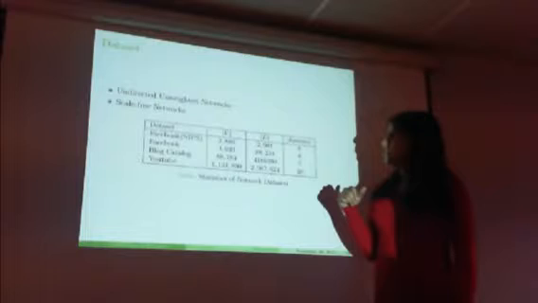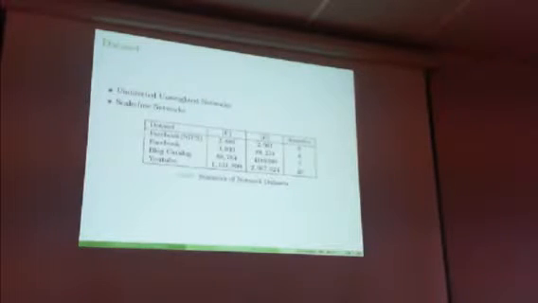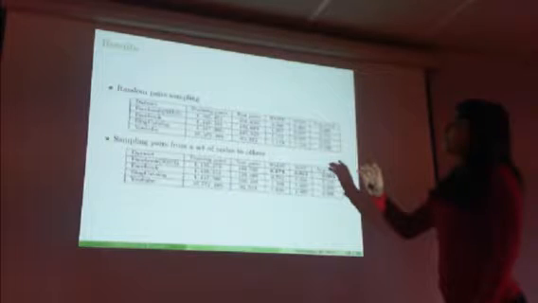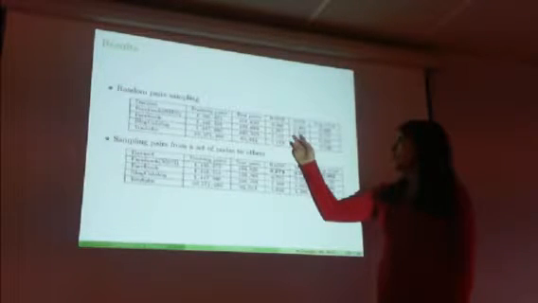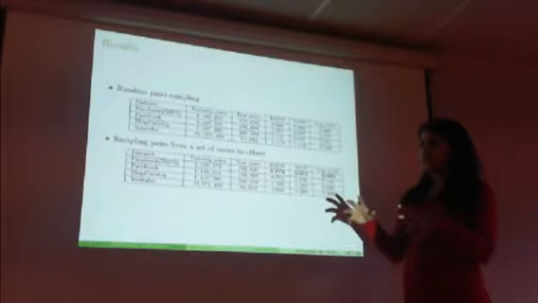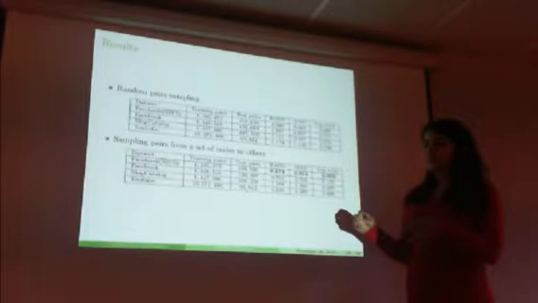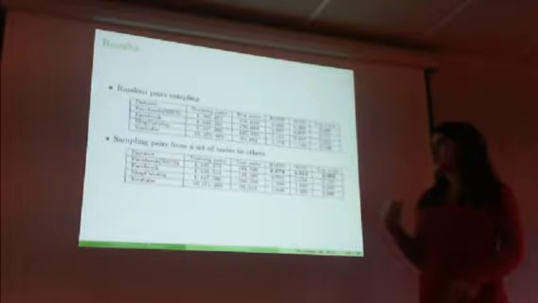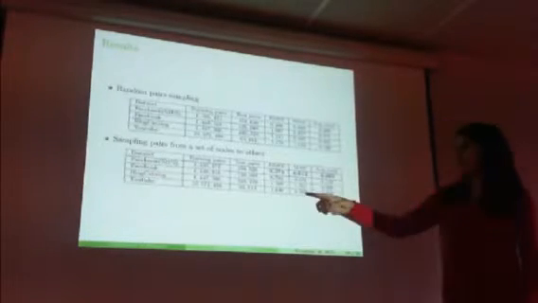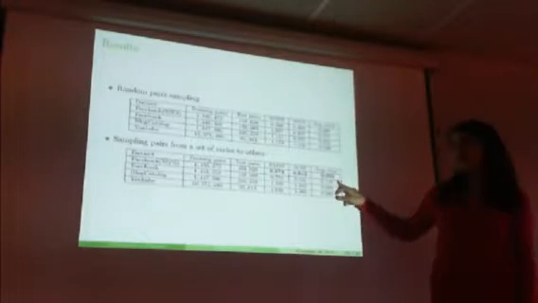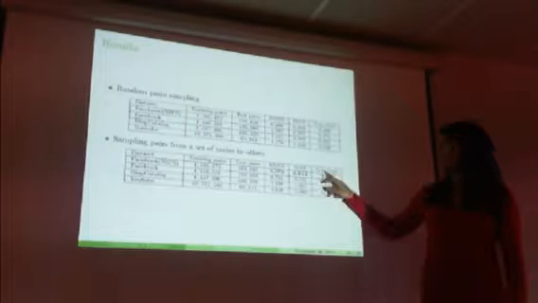Then I show you the results. When I pick pairs randomly, I got this error. But when I pick pairs of nodes starting from one single node to all other nodes, I got this error. You can see when the graph is small, I have acceptable error for all the measures.